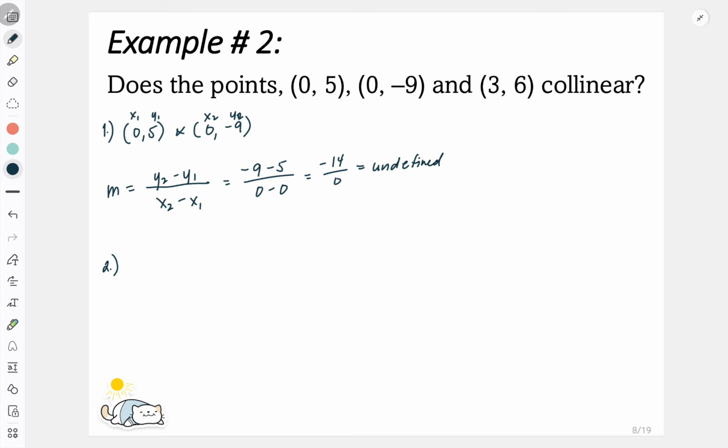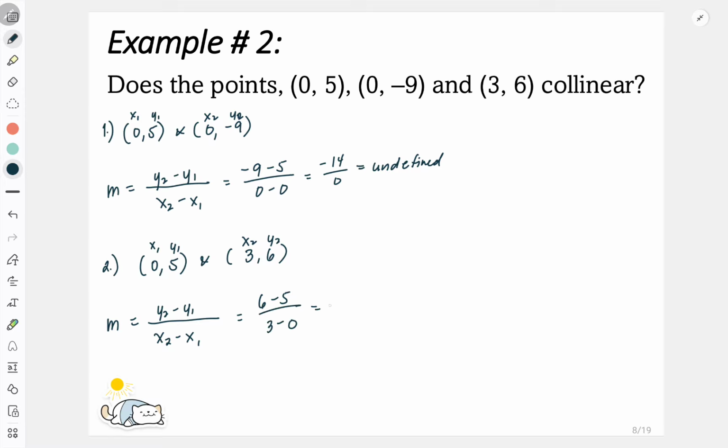So next, we try (0, 5) and (3, 6). So x sub 1, y sub 1, x sub 2, y sub 2. So m is equal to y sub 2 minus y sub 1 all over x sub 2 minus x sub 1. So that's 6 minus 5 over 3 minus 0, or that is equal to 1/3.